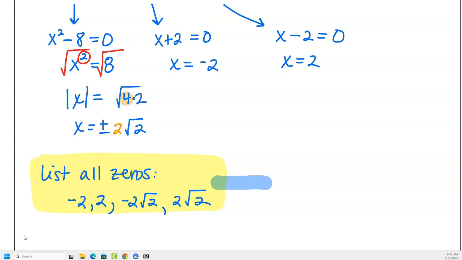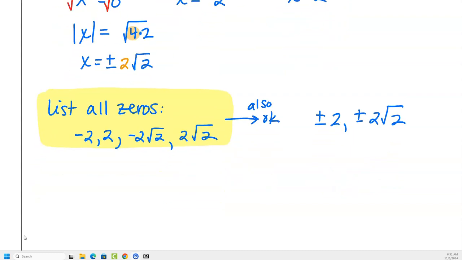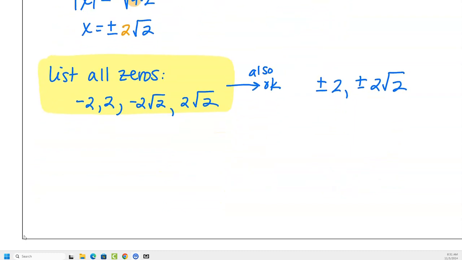Also okay is if you write plus or minus 2, plus or minus 2 root 2. And I'm okay if we summarize like that.